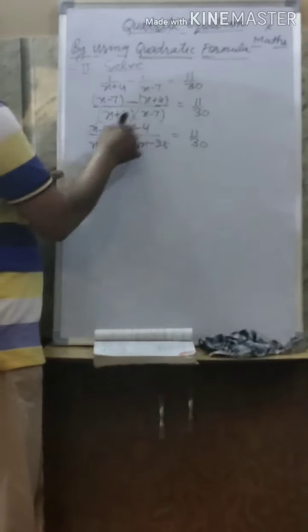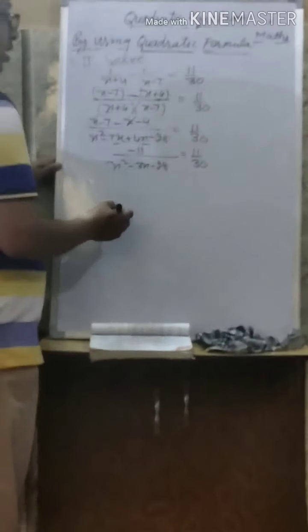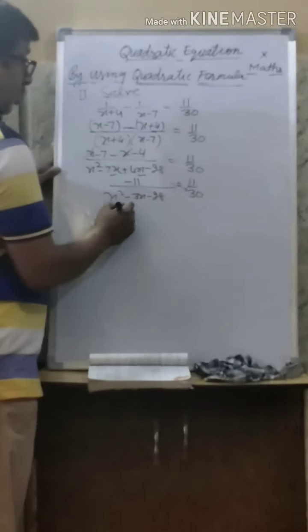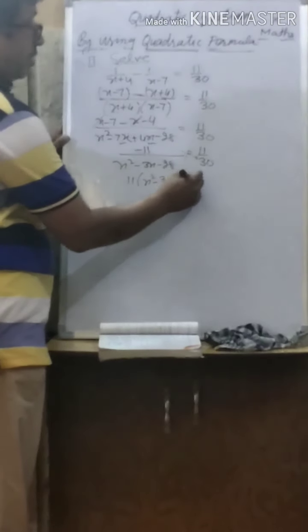So x minus x cancels. So minus 11 upon x square minus 7x plus 4x, which is minus 3x minus 28, equals 11 by 30. So now cross multiply. 11 into x square minus 3x minus 28 equals minus 11 into 30.